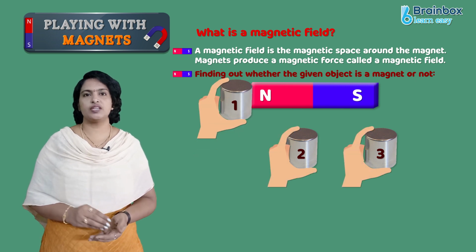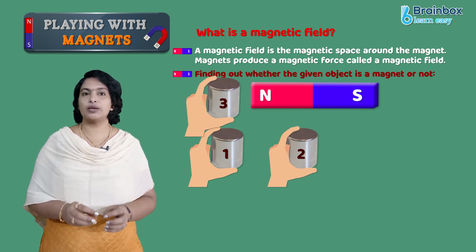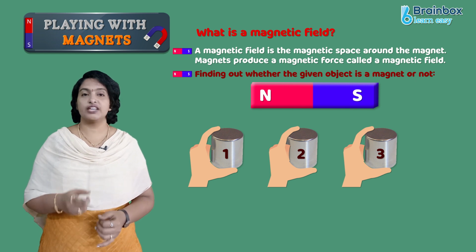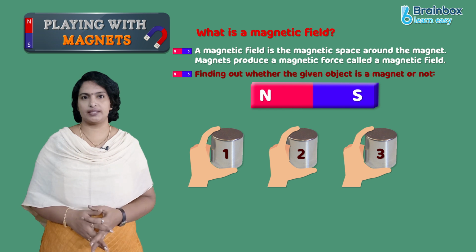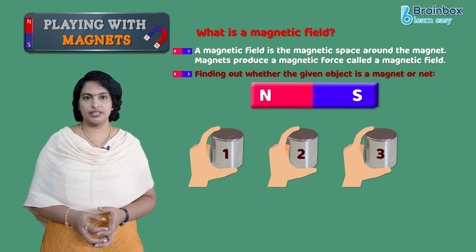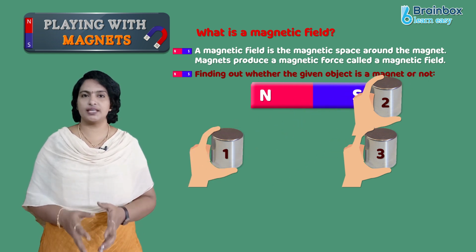Now, bring three objects one after the other close to one pole of the bar magnet and observe whether they get attracted, repelled or not attracted. After that, bring those objects close to the other pole of the bar magnet in the same way.